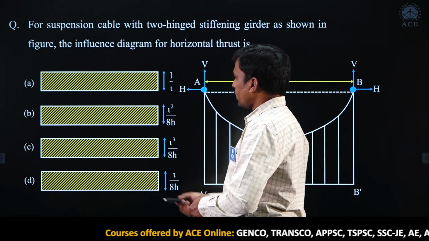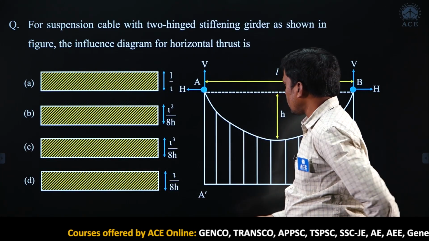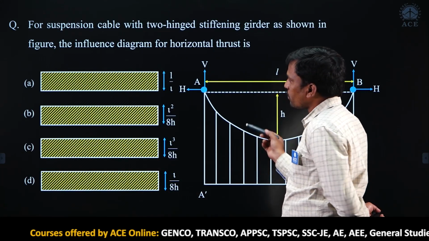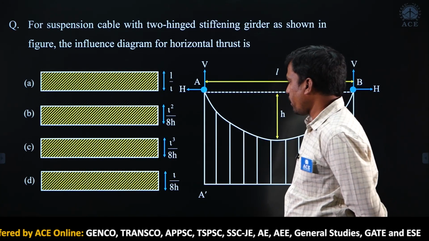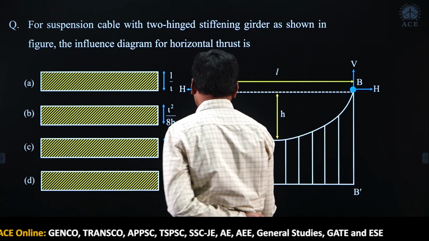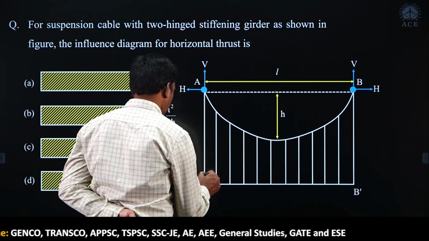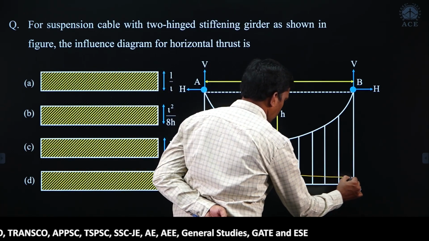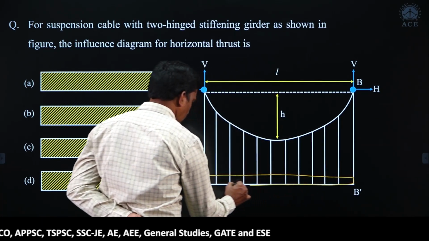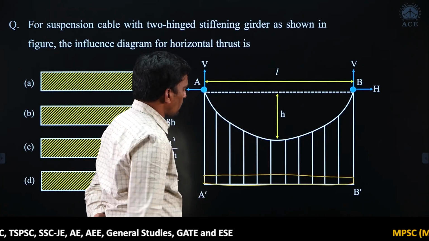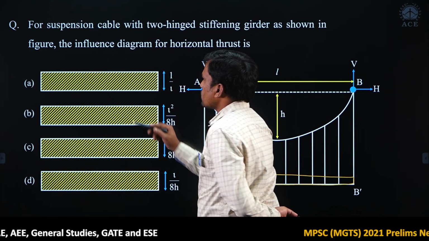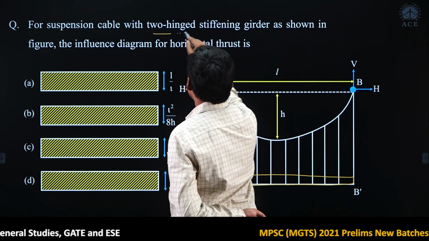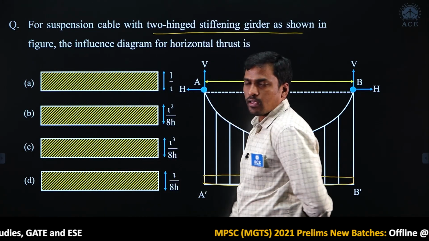Next question. This is a question on the two hinged stiffening girder. This is the standard case, a suspension cable with a two hinged stiffening girder.